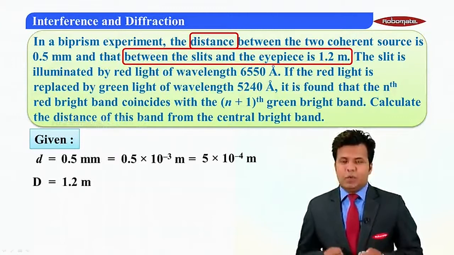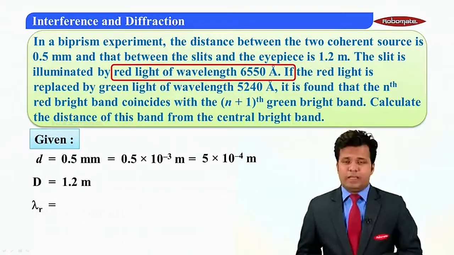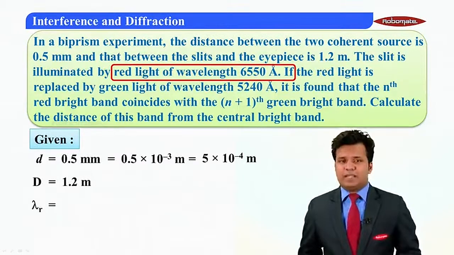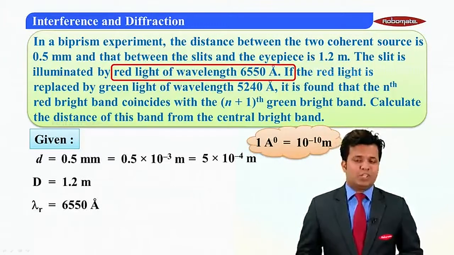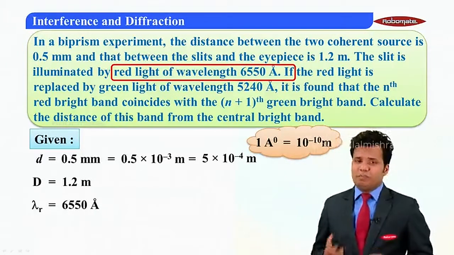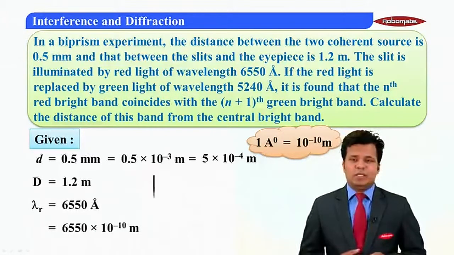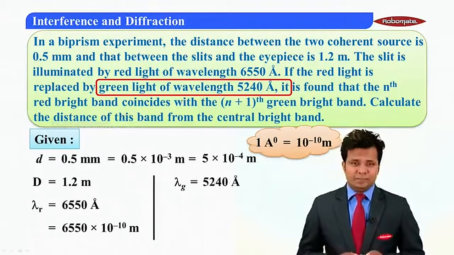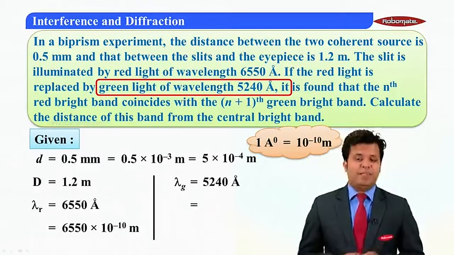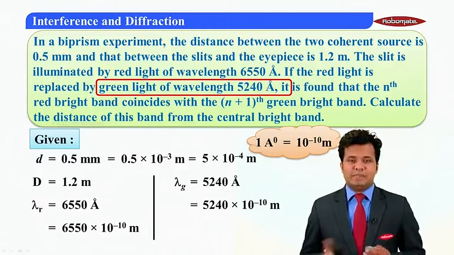Capital D is 1.2 meter, and I can go on by writing down the wavelengths of red light as well as green light. So lambda r is 6550 angstrom unit. You can convert it in terms of meters, so it would be 6550 into 10 raised to minus 10 meter. Then the wavelength of green light is 5240 angstrom unit, which would be 5240 into 10 raised to minus 10 meter.